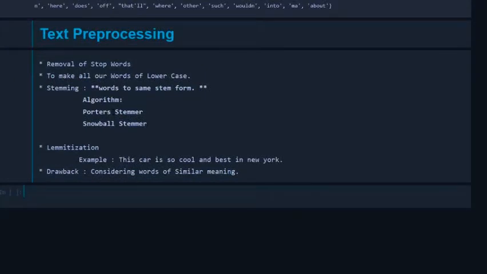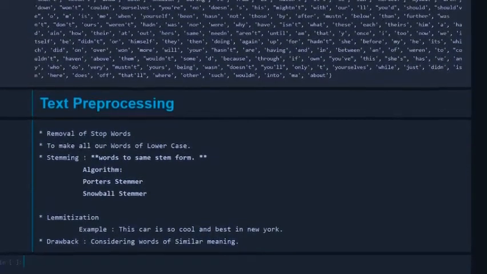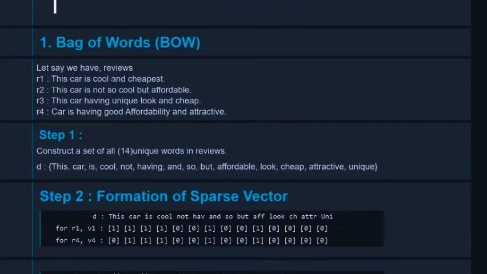Coming to the next thing, we call it stemming. It's really important, and you had also noticed that there are several words which are the same but written differently, like "cheapest" and "cheap". They both have the same base word, that is cheap.